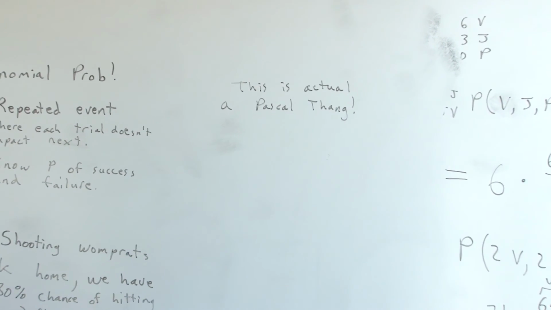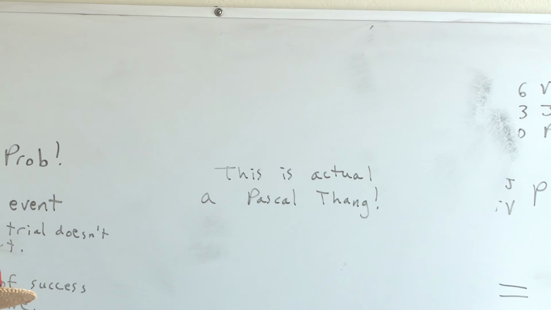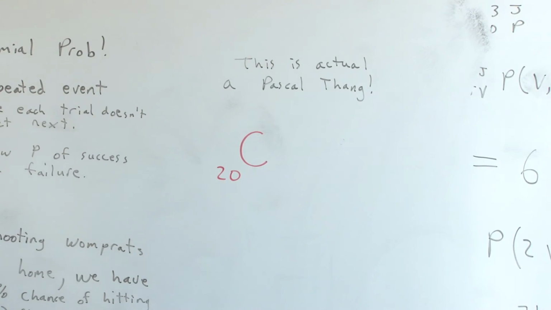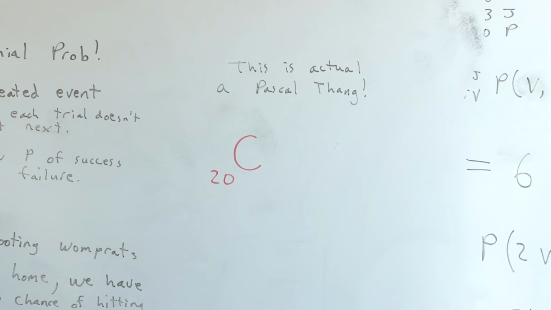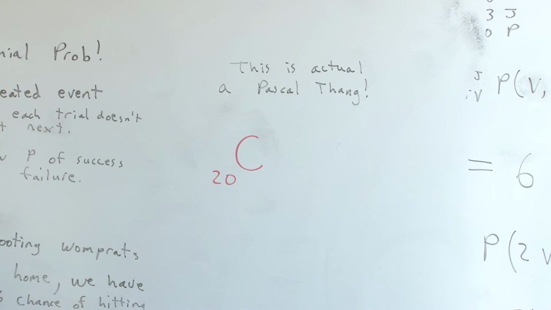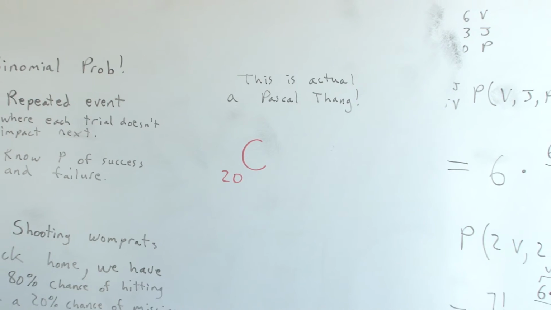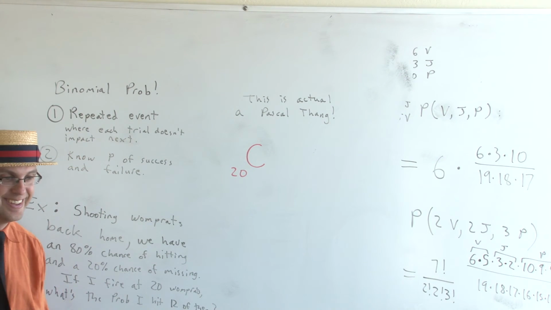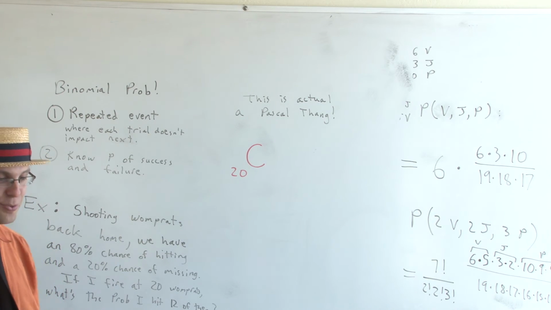So the way for me to figure out what that probability is, the coefficient, remember, runs off of combinations. You're not getting it back. So I've got 20 womp rats, and I want to hit 12 of them.